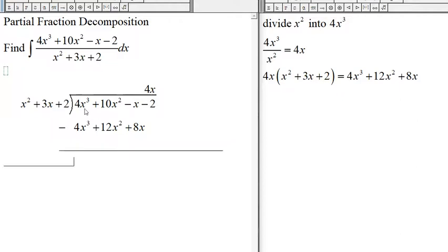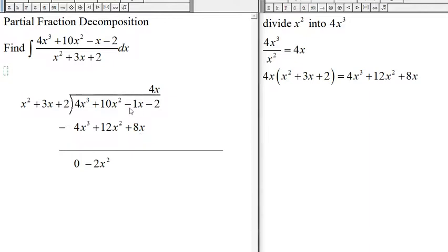And so be careful when doing the subtraction here. So this is 4x to the third minus 4x to the third, which is 0. And then this is 10 minus 12x squared, that will give us negative 2x squared. And this is just like negative 1.